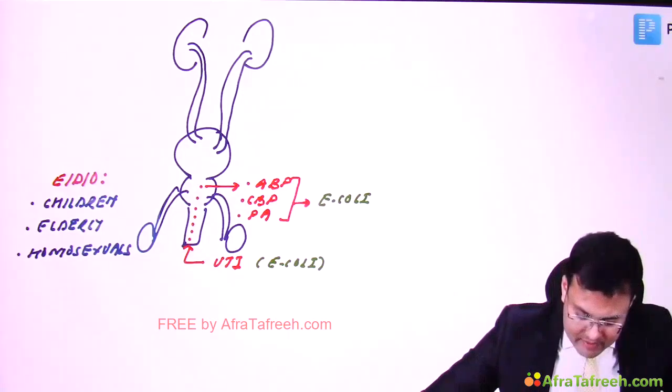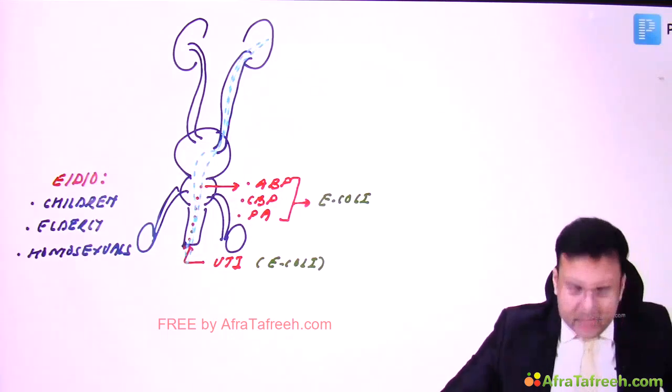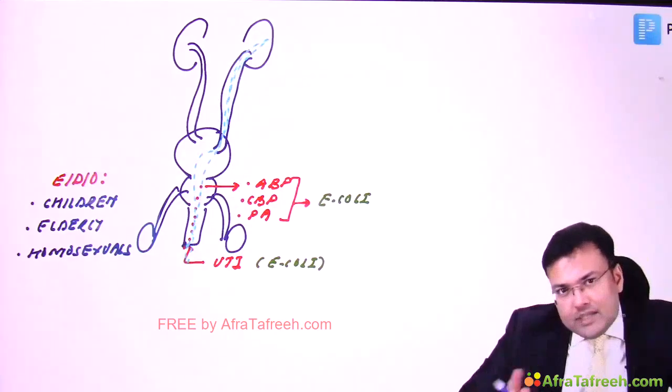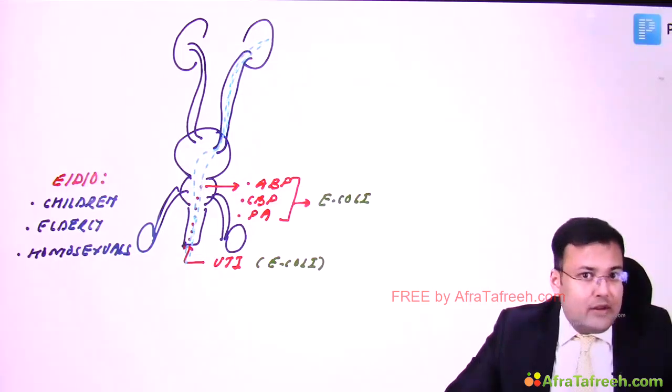Third problem, imagine the patient is having vesico-ureteric reflux. Via the ureter the organism reaches the kidney, and inflammation of the kidney is known as pyelonephritis.